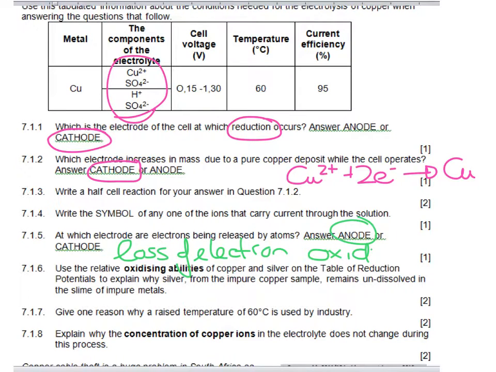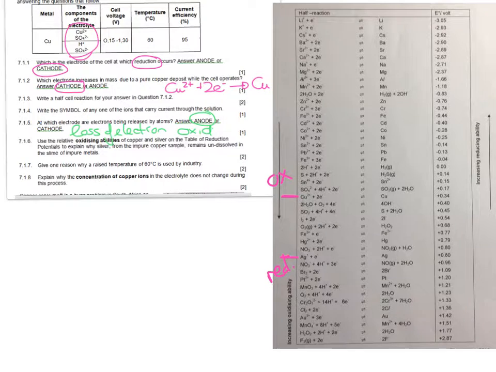And where does oxidation take place? At the anode. Use the relative oxidizing abilities of copper and silver in the table of reduction tables. So looking at the table over there, we can see that copper is more likely to be oxidized and silver is more likely to be reduced. So copper is more readily oxidized than silver, which is the reason why the silver will remain undissolved.